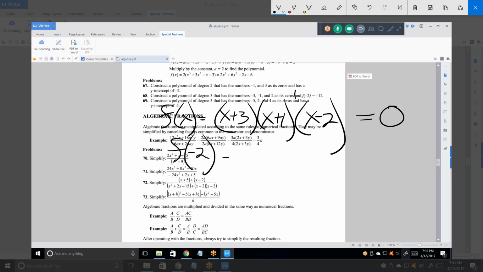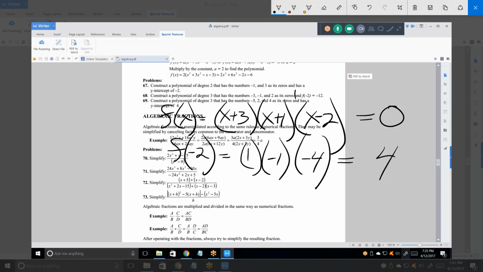Well, what do we get when we plug in minus 2 here? We get 1 times what? Times -1 times -4. So with our function, we get f of minus 2 equals positive 4.